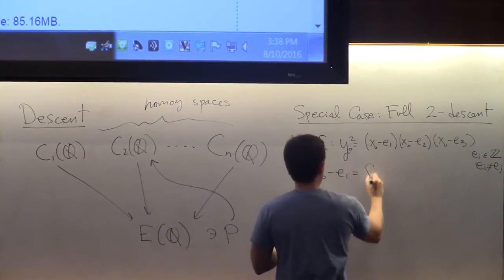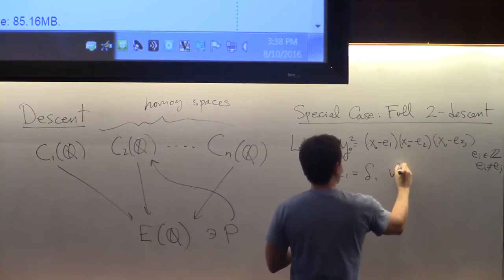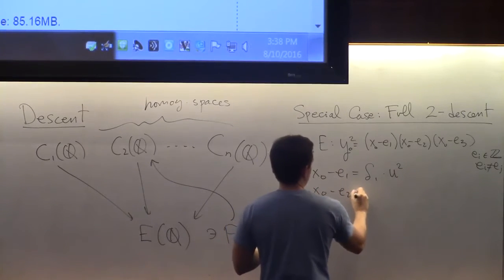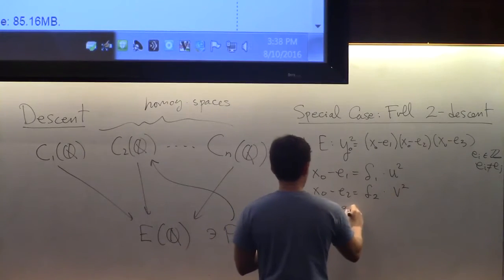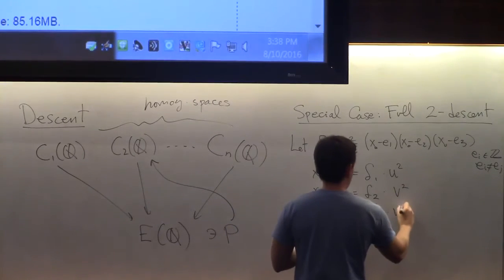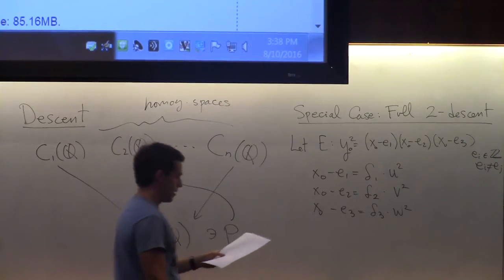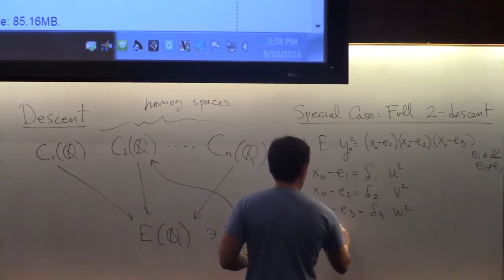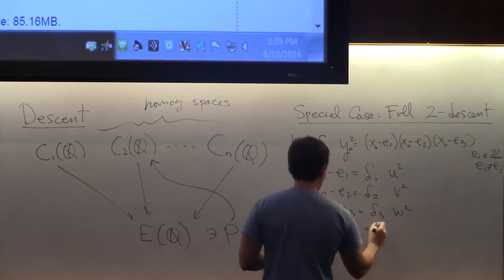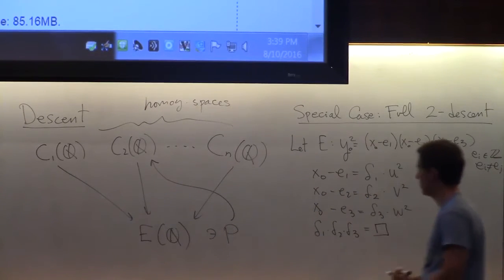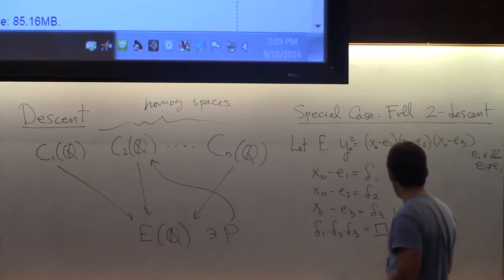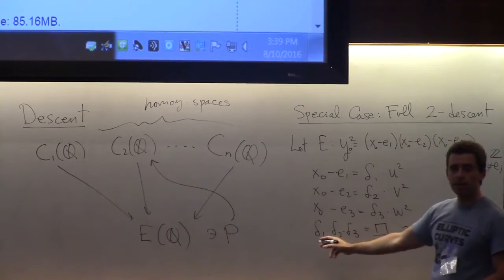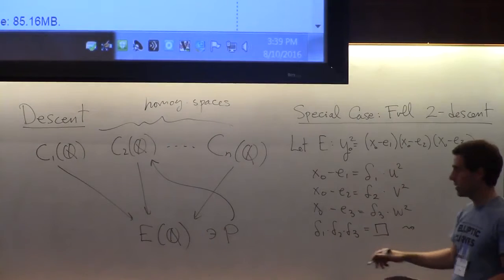So this should be the square-free part times a square. And what I need is that all 3 multiply to be a square. Okay? If that's the case, let's multiply this equation both sides by delta 1, delta 2. I want to eliminate one of the deltas.